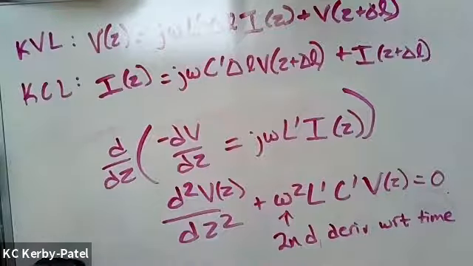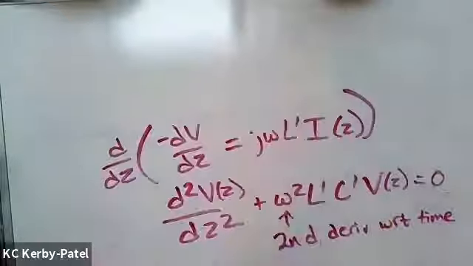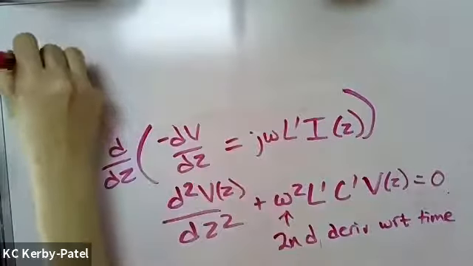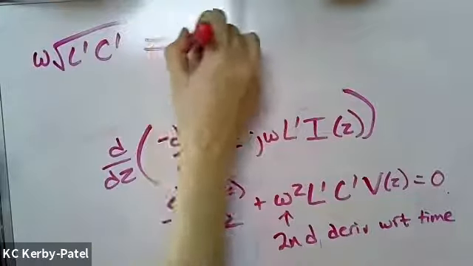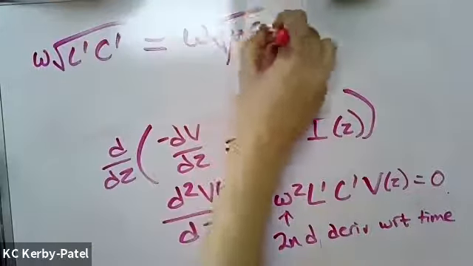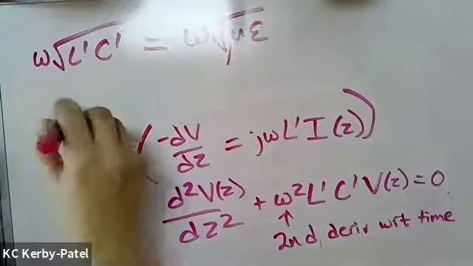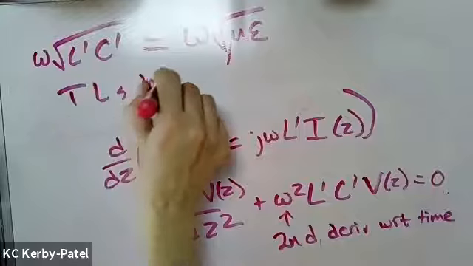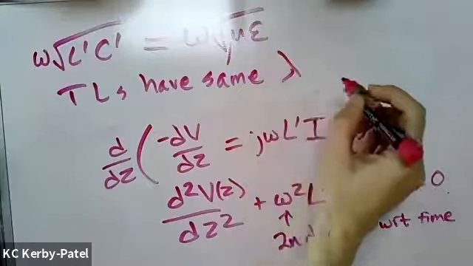In fact, even cooler stuff: on a transmission line, omega times square root of L prime C prime is equal to omega square root mu epsilon. And so transmission lines have the same wavelength and phase velocity as plane waves do, when they're filled with the same materials.